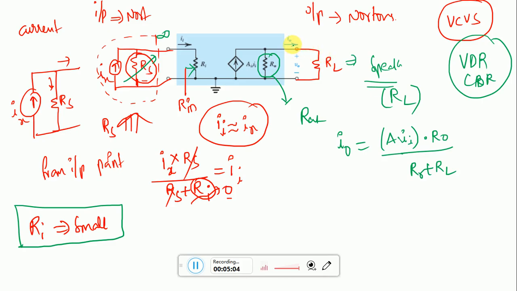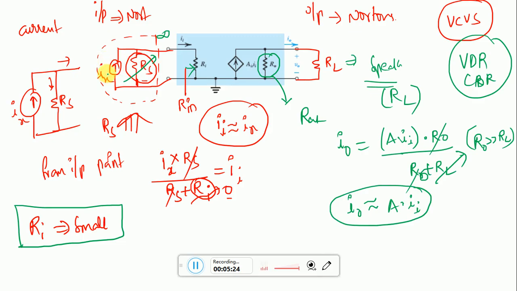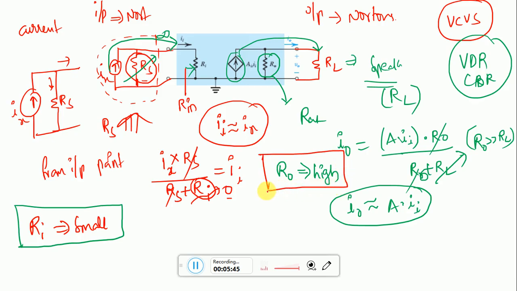Now to get the entire current from this part to load, the value of R0 should be very high. If R0 is much greater than RL, then you can neglect this value and R0 will get cancelled. So you will get I0 approximately equal to gain times of Ii. So our motive is to transfer this entire current through this part and get this entire current to the load. So to attain that, the R0 value should be much greater. R0 should be high. So this is one more conclusion we can draw from this circuit.